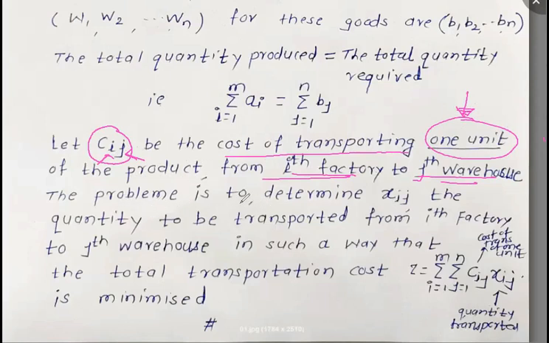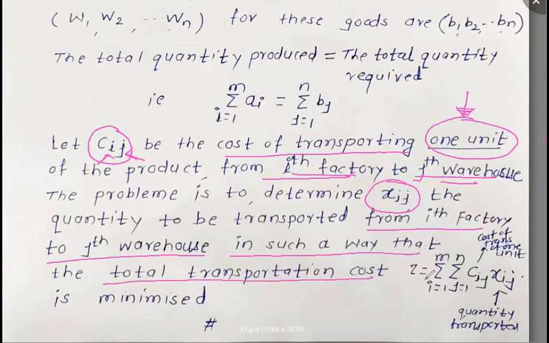The problem is to determine the quantity Xij, the quantity to be transported. Xij means the quantity to be transported from ith factory to jth warehouse, in such a way that the total transportation cost Z is minimized.